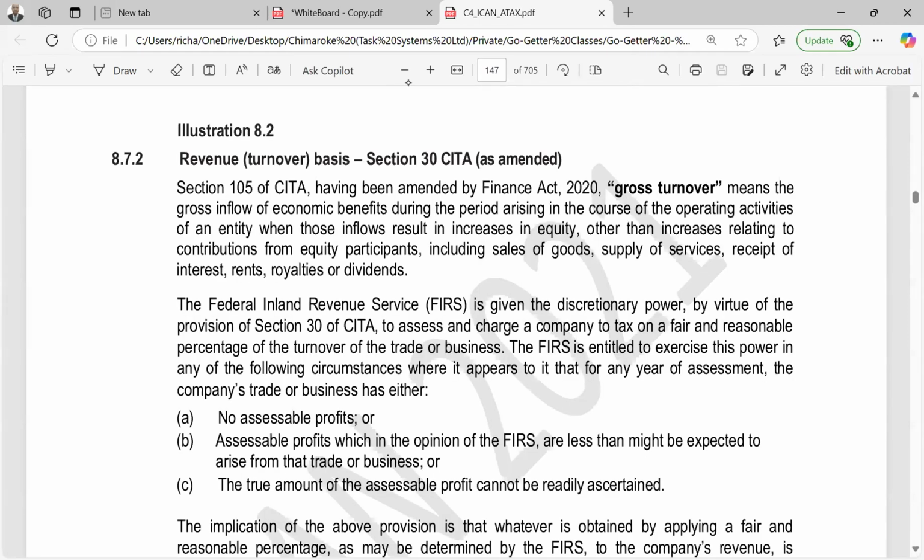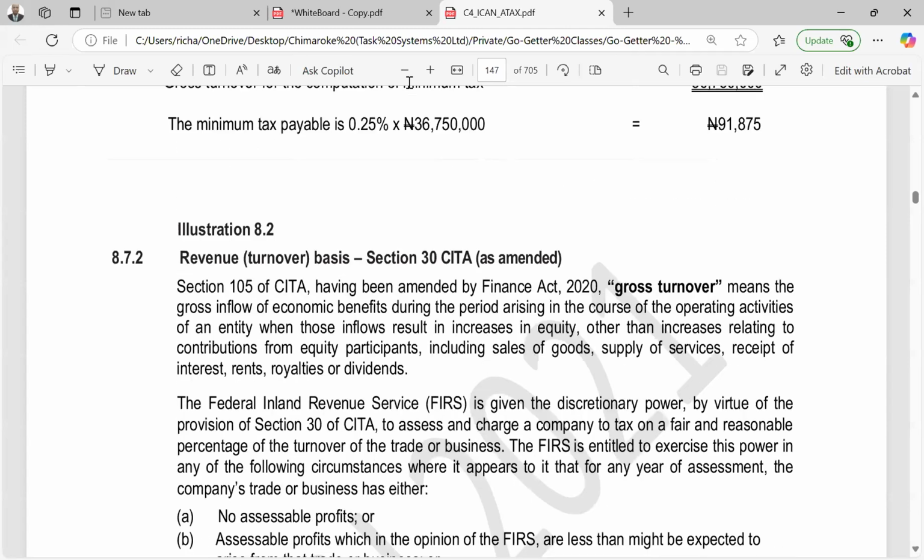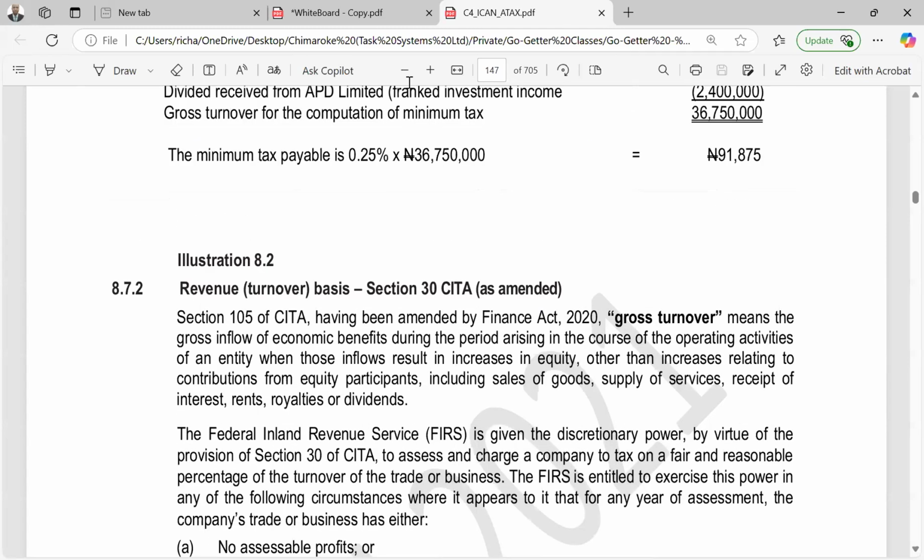All right. Then the next one is the revenue turnover basis. The first one was minimum tax. We've seen how minimum tax was calculated. Minimum tax is on gross revenue, but it's called minimum tax.